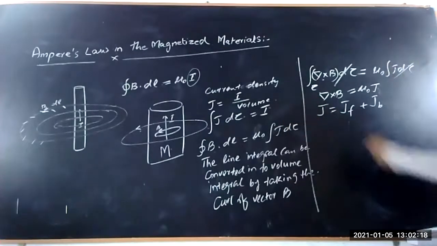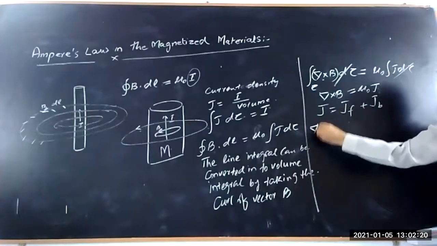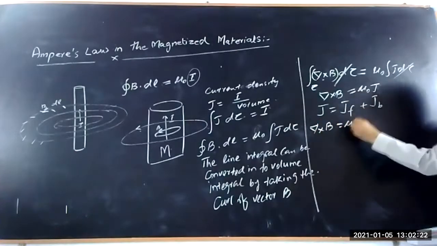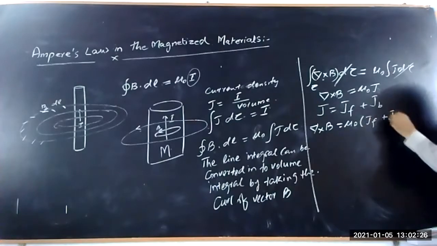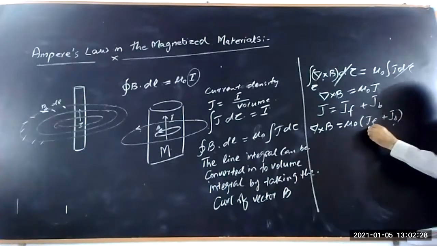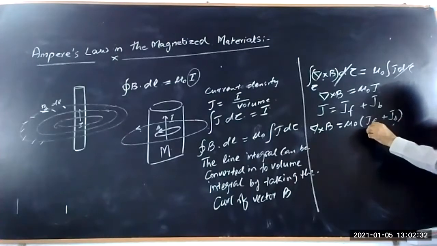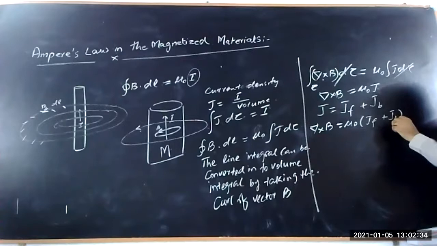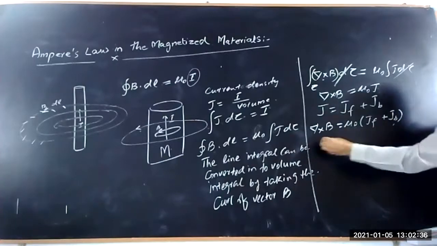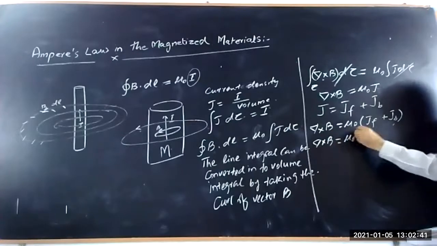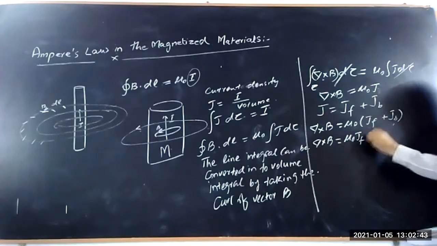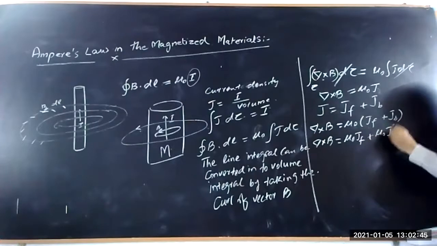So here curl of B is equal to mu naught times J of F plus J of B. This is free, this is bound. Free means free electrons which give rise to a current, and bound means orbiting electrons. So curl of B is equal to mu naught J_F plus mu naught J_B.